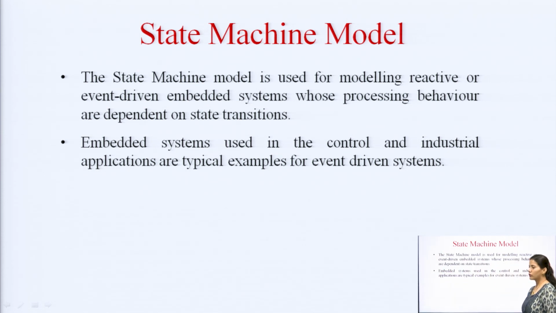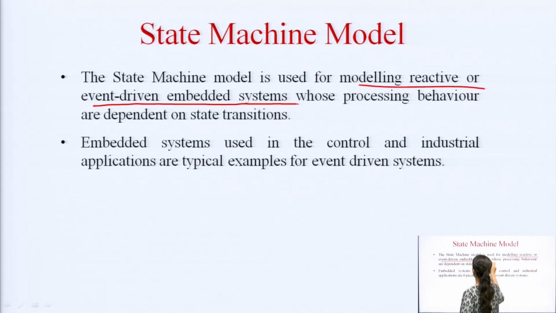Now, after data flow graphs and control data flow graph, we come to the state machine model. This model is used for modeling reactive or event driven embedded systems. The state machine model is used where a lot of conditions have to be analyzed from time to time. Basically, this model is not data driven, but event driven.